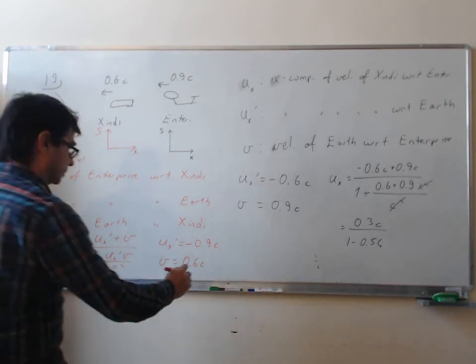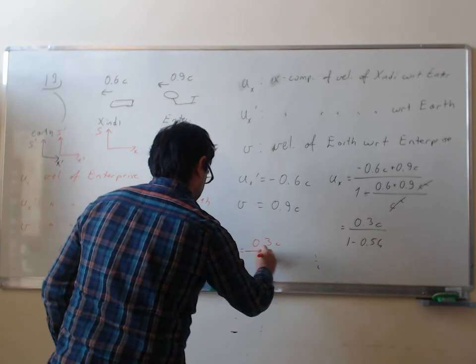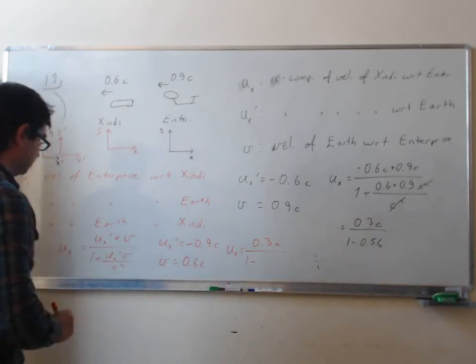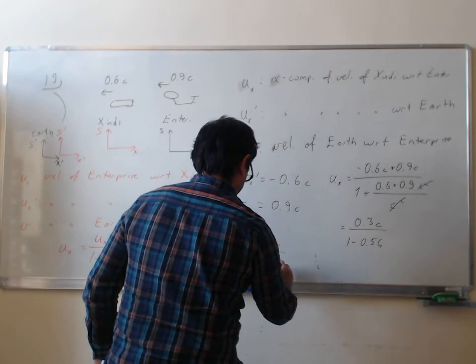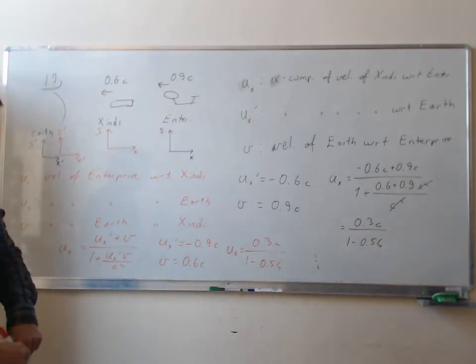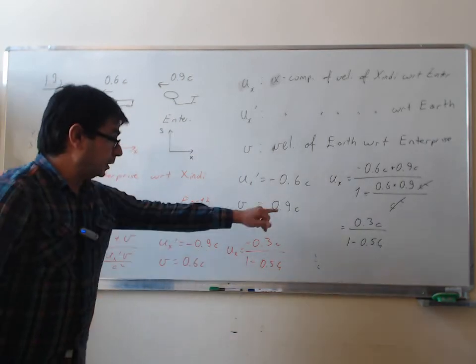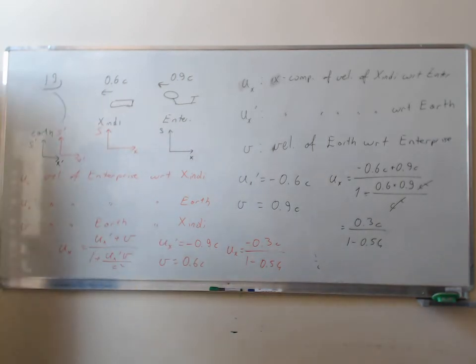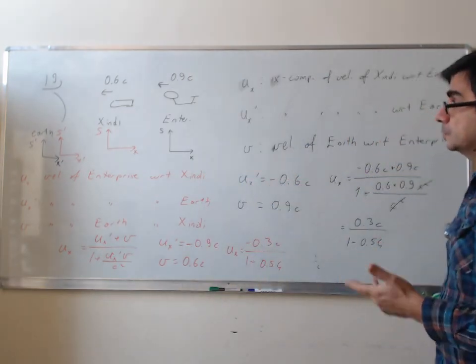So ux is going to be minus 0.3 c divided by 1 minus the product of this, which we already did here, 0.54. And as expected, this is equal and opposite to what we calculated there. So the velocity of the Enterprise with respect to Zindi is equal and opposite to the velocity of the Zindi with respect to Enterprise. You can do this either way.